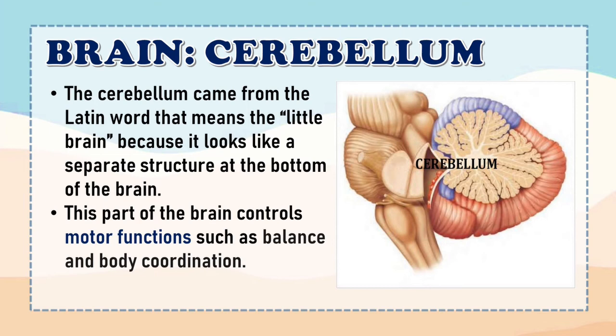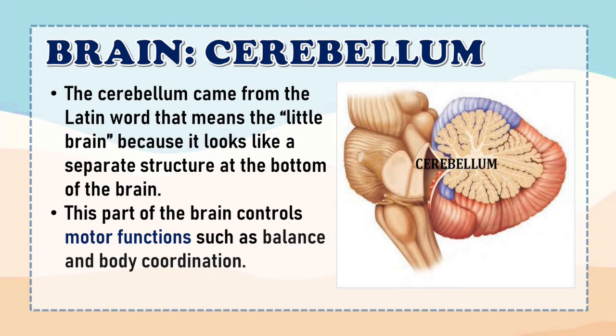Okay, although the cerebellum is much smaller than the cerebrum, it contains significantly more nerve cells. Some estimates say that the cerebellum contains about 50% of the nerve cells that make up your brain.